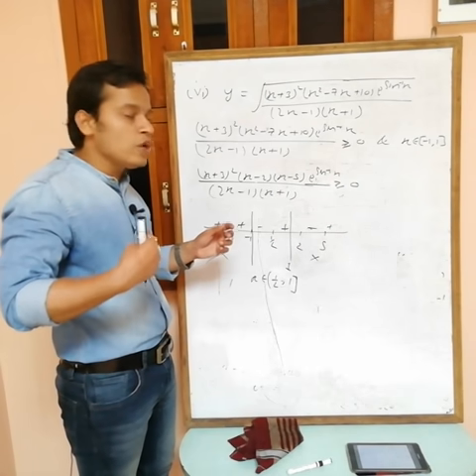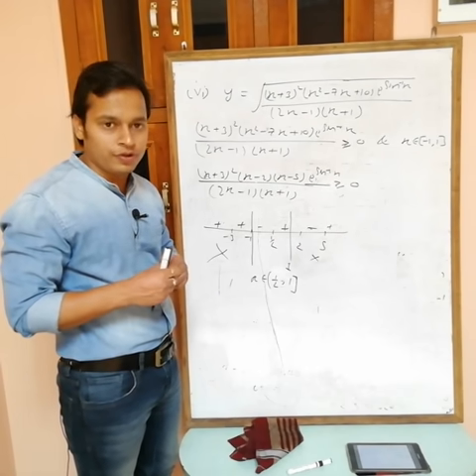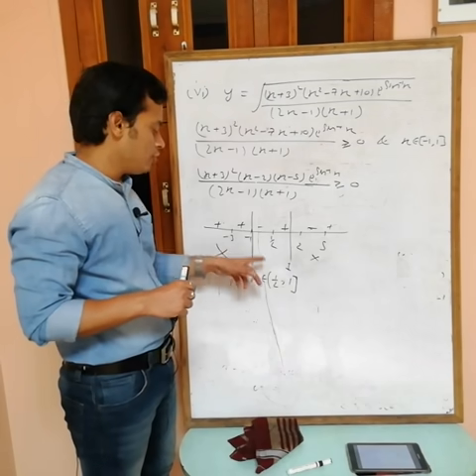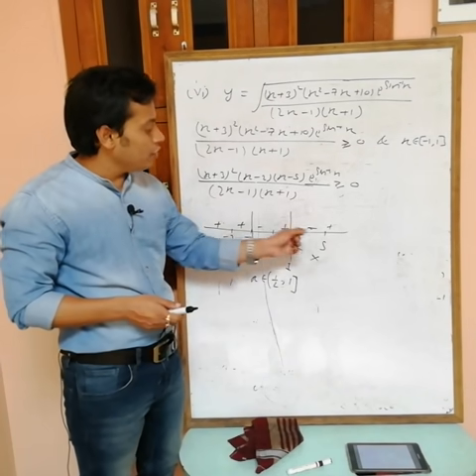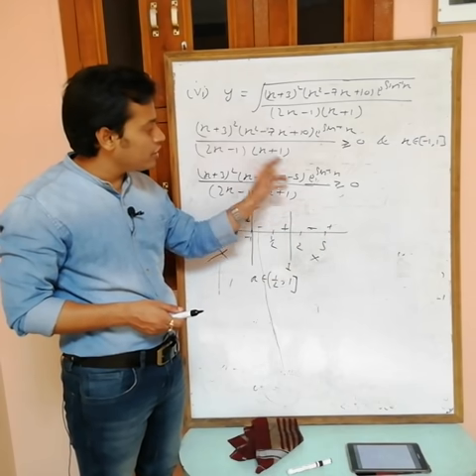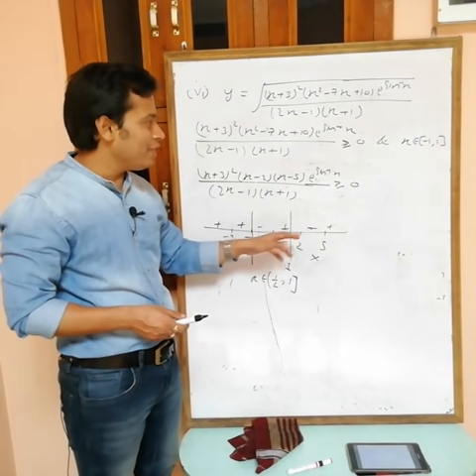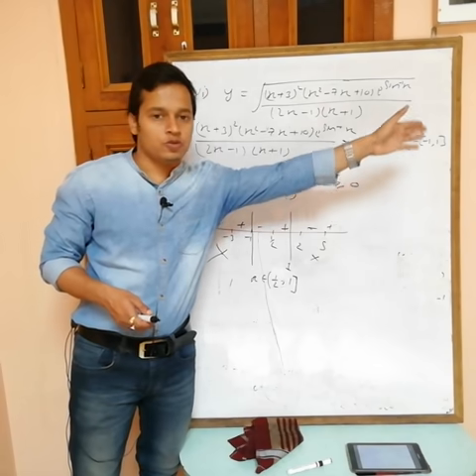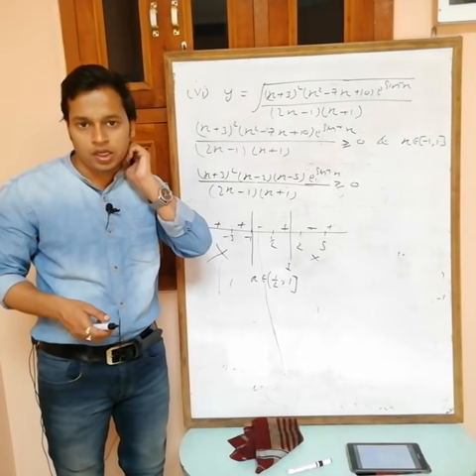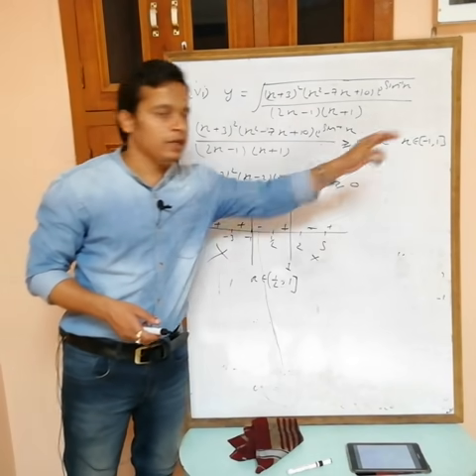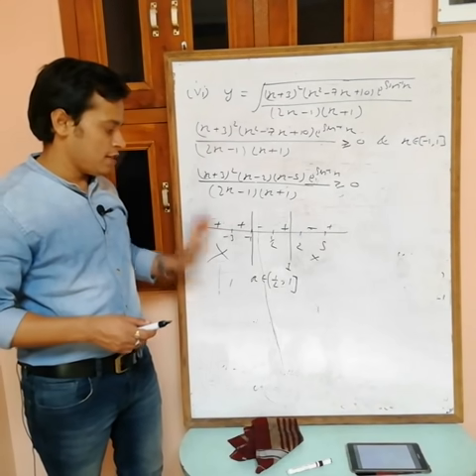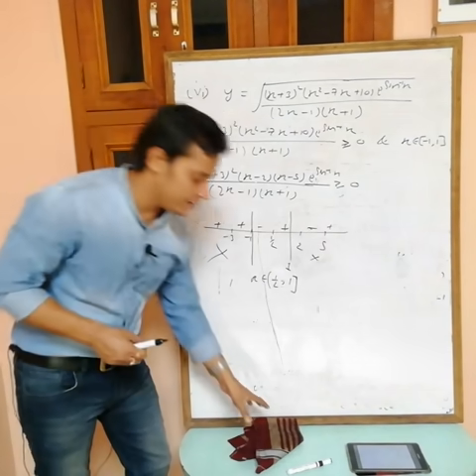But you can't take those values of x such that the denominator becomes 0. So I am not taking -1. But you may think, why are we not taking 5? For 5 the numerator is 0, so 0 is satisfied. But you can't take it now, because x is only from -1 to +1. How can you take 5? I am checking for -1 because -1 is included in this interval. Okay, this is the answer. Done. Write it down.